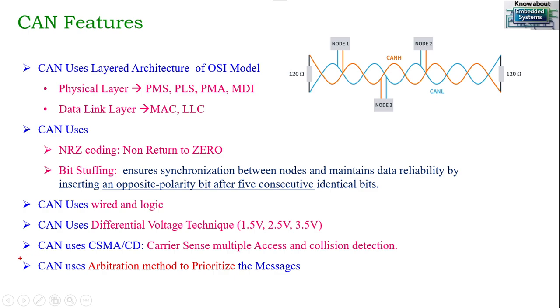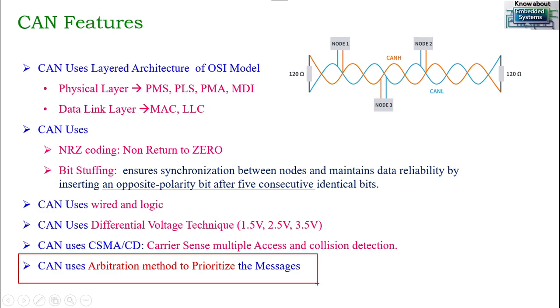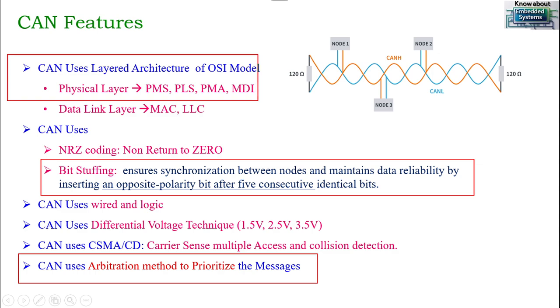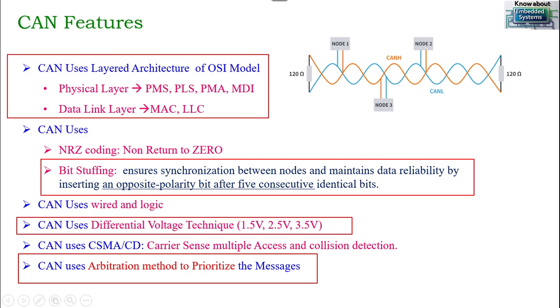This is a very important thing: how the CAN protocol is capable of prioritizing the messages which are of high priority. This is also one of the interview questions. Bit stuffing is one important question you can expect, the CAN layered architecture is an important question, and what is differential voltage? These 4 points are very important with respect to interviews. All these things I'll explain in upcoming videos, so keep watching my YouTube channel.